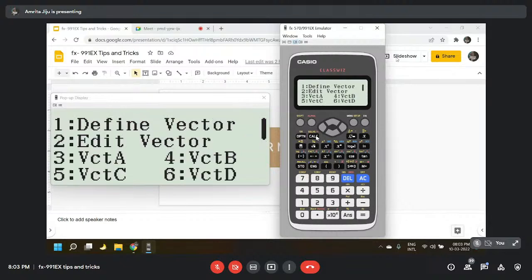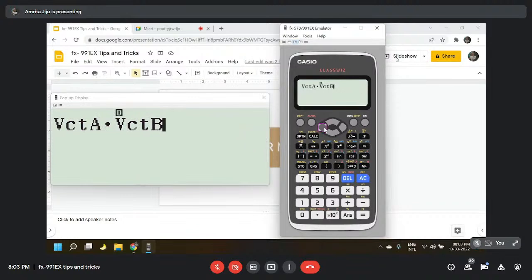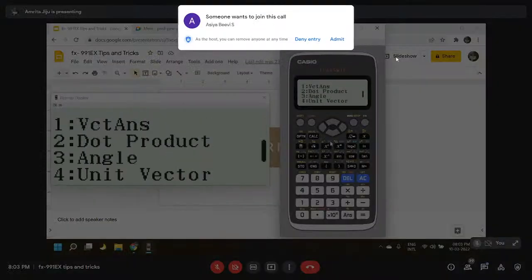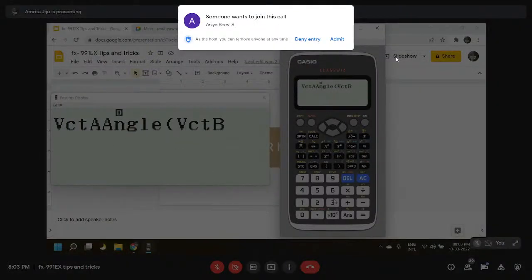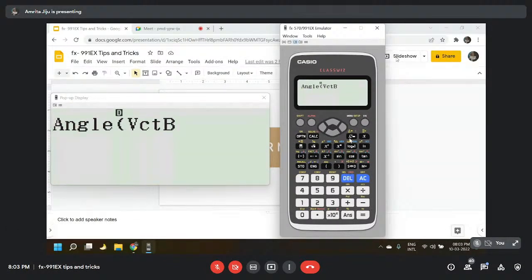Now again, we have to find the angle between the two vectors. You actually use this angle function. So delete that and go to options. Go to the angle option, and you should give vector B. Now you have to insert a comma here.